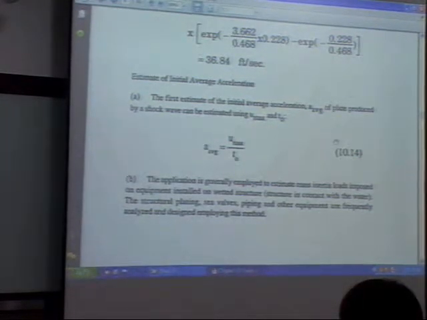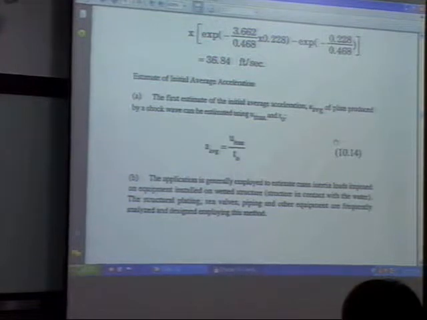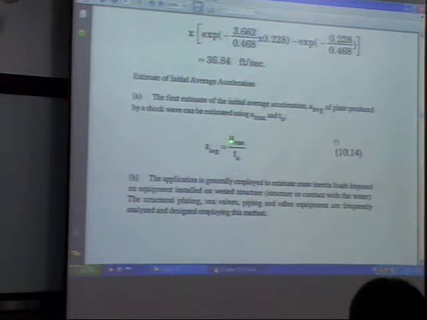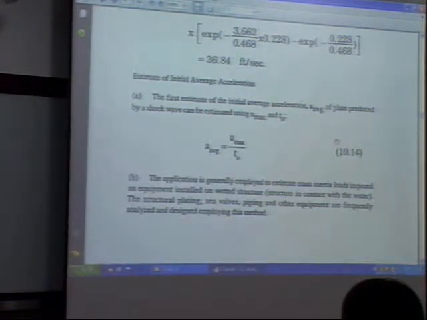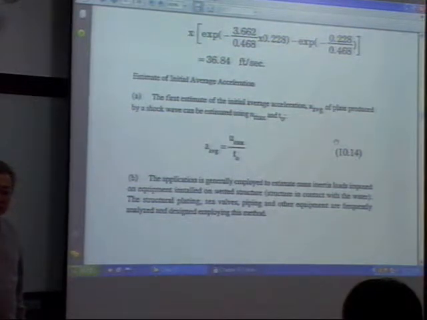And cavitation occurs right in front of the plate, then that's the maximum velocity you can achieve instantly for the duration of T naught. So you divide the U max by T naught, you get not the instantaneous acceleration, but kind of an average. That's good enough, pretty sure good enough for the initial or preliminary design.